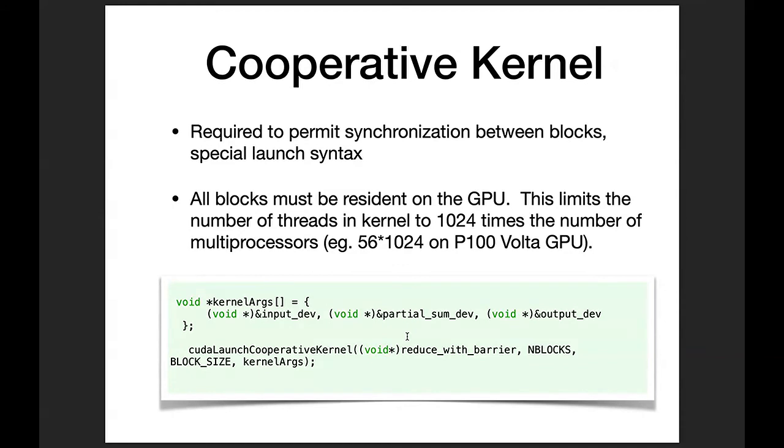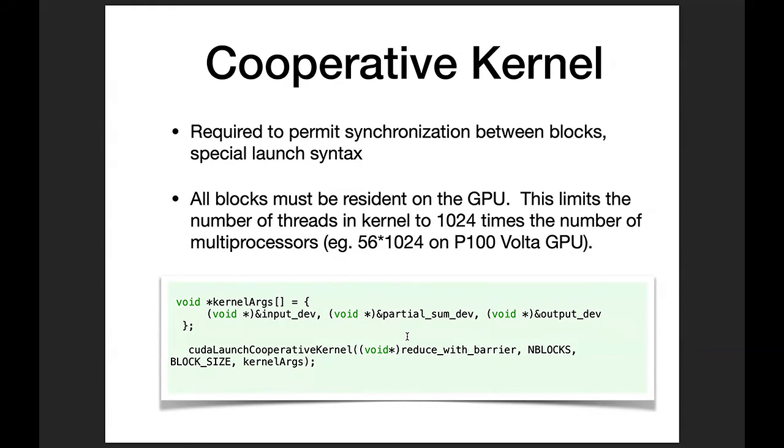And so this means that only one block of 1024 threads can be resident, and a Volta P100 GPU has 56 multiprocessors. This means that on a Volta GPU, you could have a cooperative kernel which at maximum would have 56,000 threads.